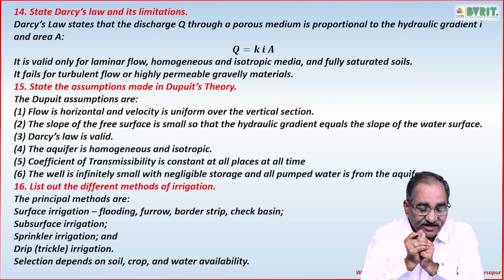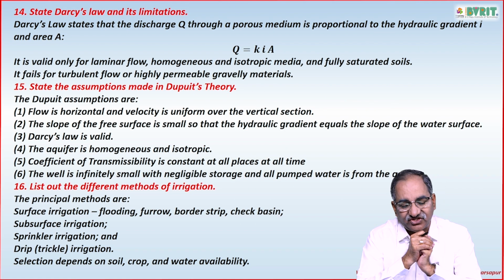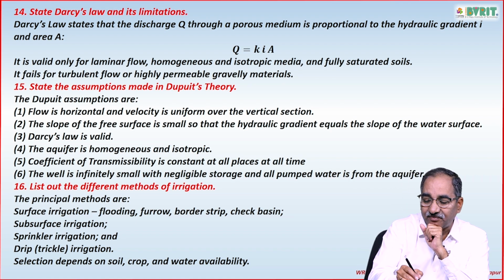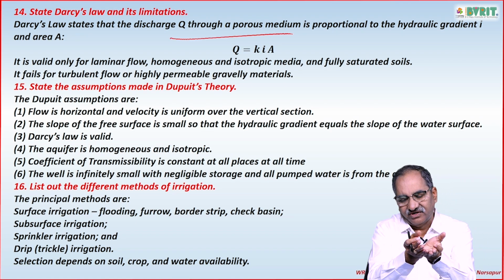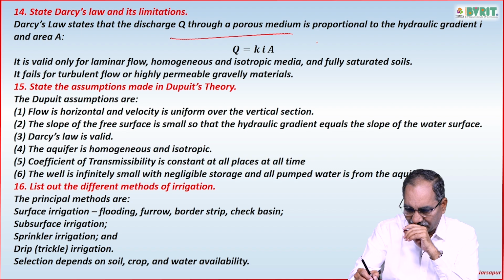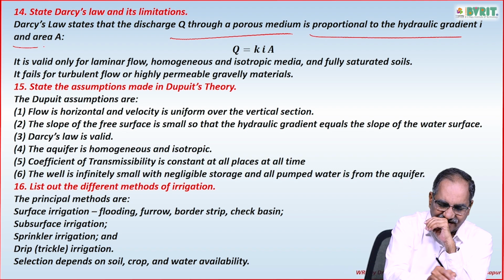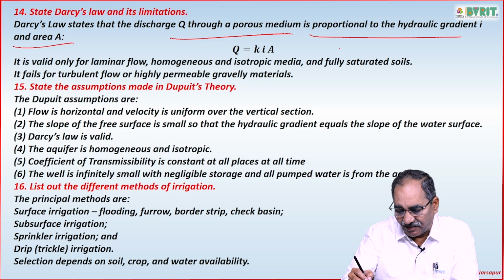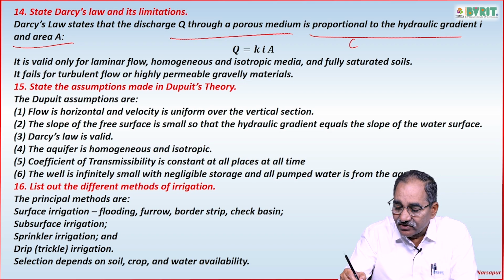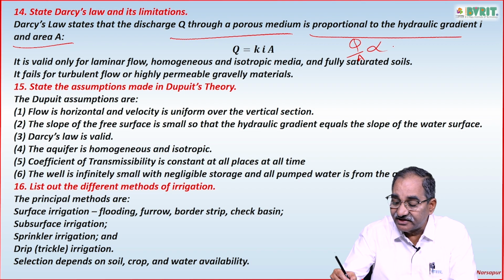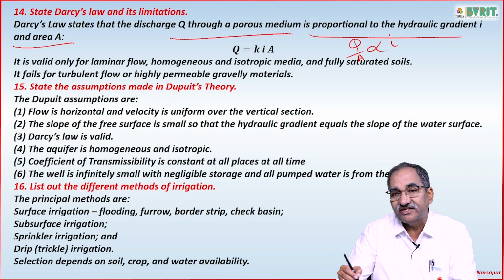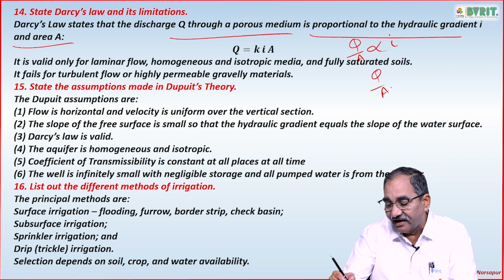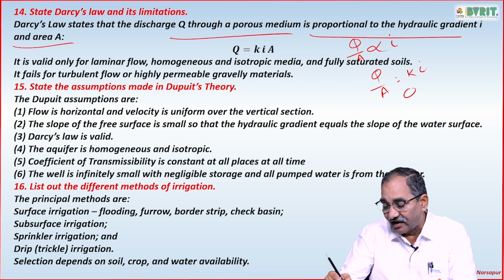State Darcy's law and its limitations. Darcy's law states that the discharge through a porous medium, that is, through the soil, is proportional to the hydraulic gradient i and area A. So Q by A is proportional to i, or Q by A is equal to Ki, or Q is equal to KiA.